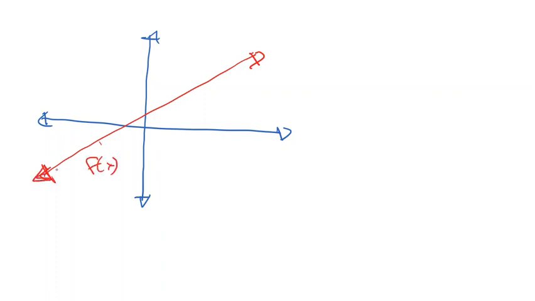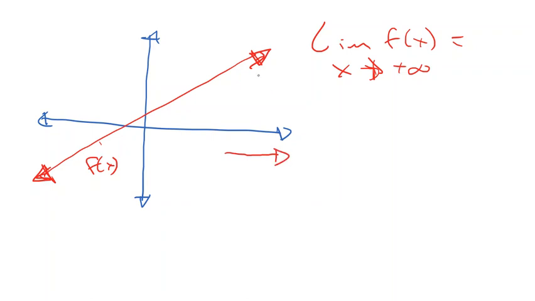There we go. So we want to know what is the limit of this function f of x as x gets infinitely large. All right, so as x gets infinitely large, we're looking at what is happening to this function as we go out infinitely far in this direction on the x-axis.